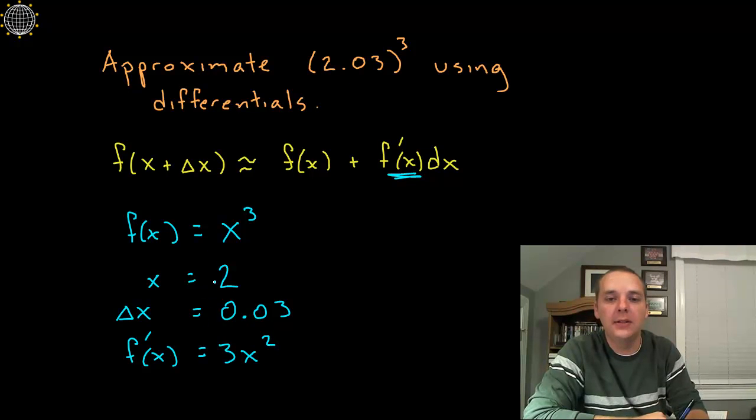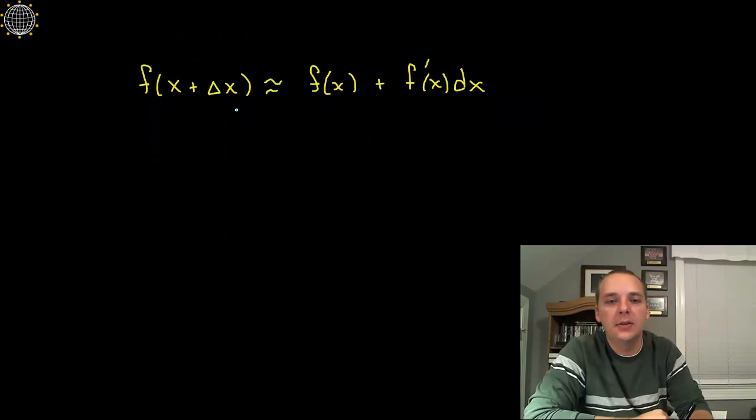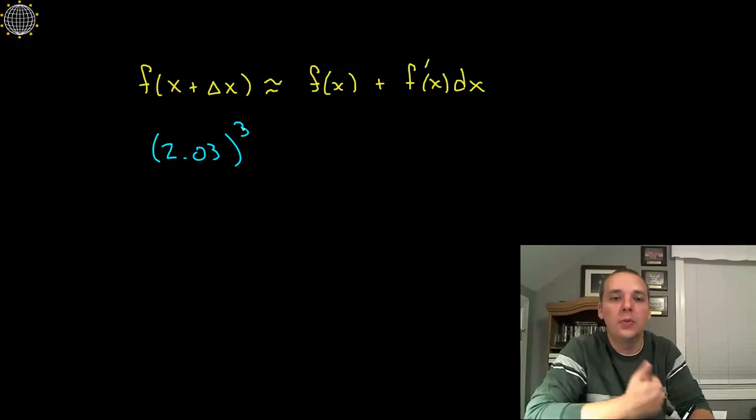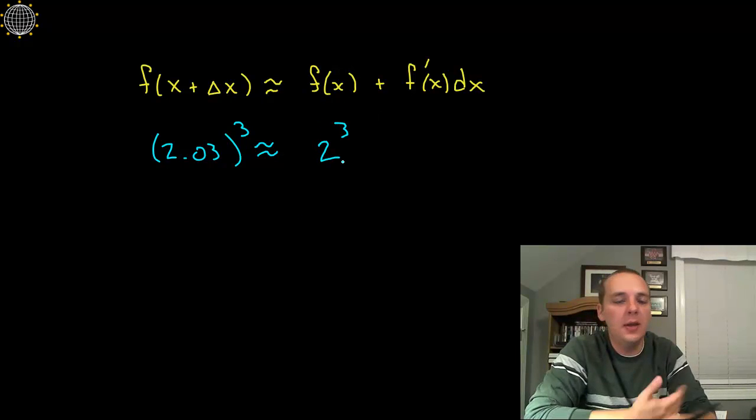So now that I have these things, let me take them all, and we'll stick them in and see what we get. All right, so f of x plus delta x, that'll be 2.03 cubed. That's the y value at this ugly x coordinate. And this should be approximately the same as just 2 cubed. And that makes sense. 2.03 cubed is probably pretty darn close to 2 cubed.